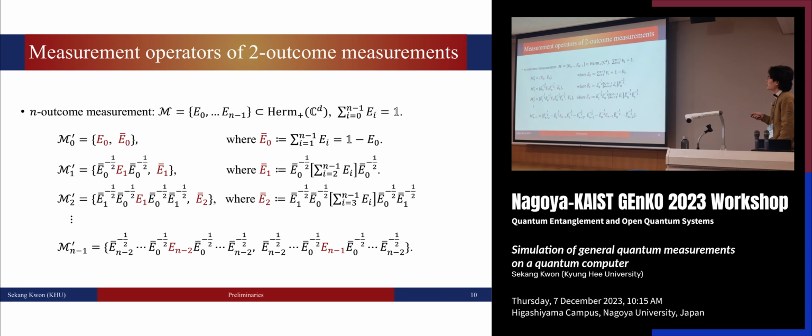We separate it into a pair of square root operators. Then, repeating this kind of separation, finally we get this form of measurement operators. A little complicated, and we will use this form in the protocol.